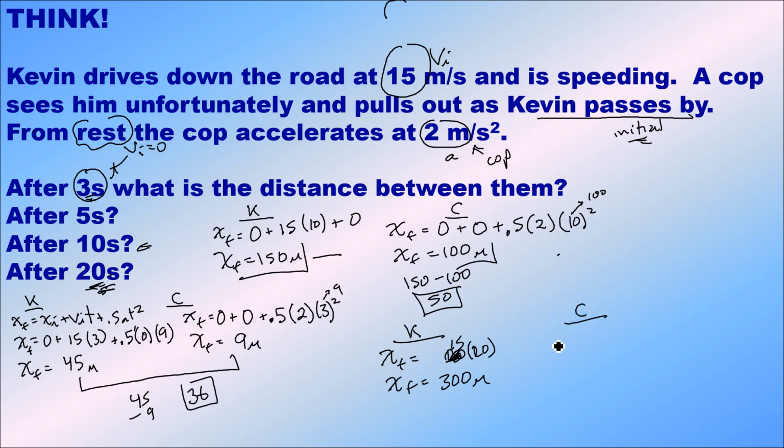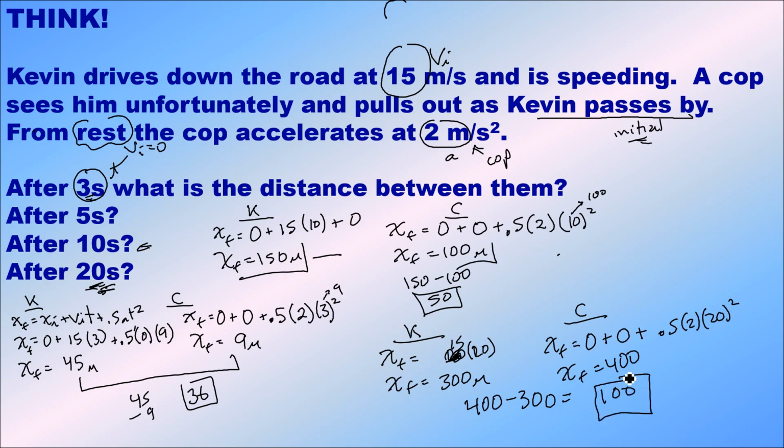And then the cop is initial position 0, velocity 0, acceleration 2, and we're going to give him 20 seconds. 20 squared is 400. So now we see Kevin is very lucky because the cop has passed him.